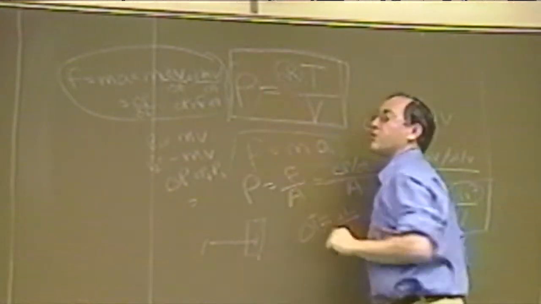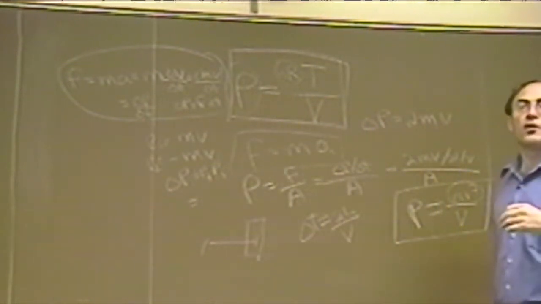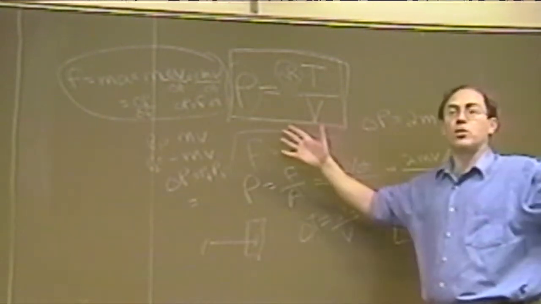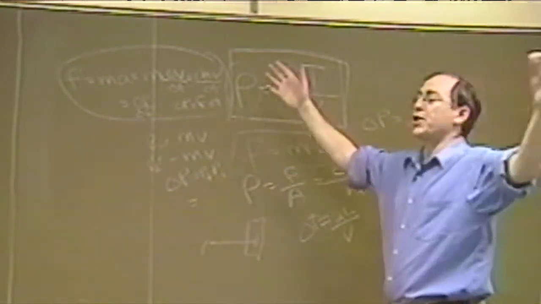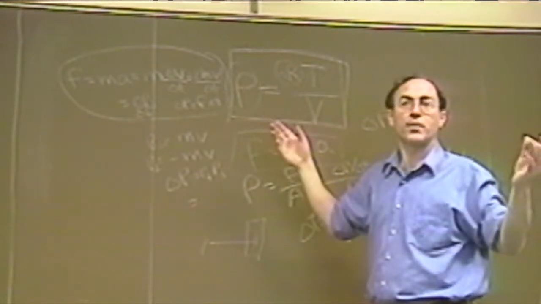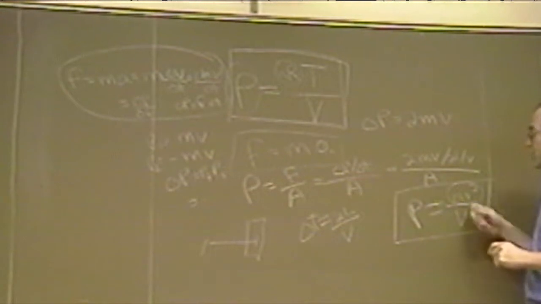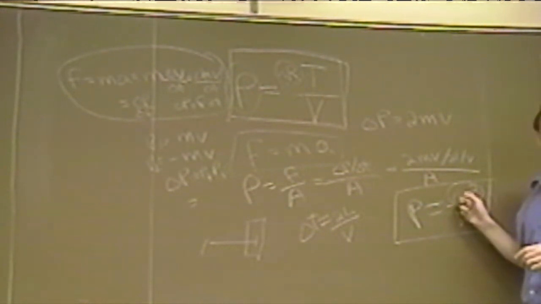This was something that we got before when we thought in terms of quantities that are familiar to us from the macroscopic world, not atoms and molecules, but like pressure and volume and temperature and so on. Now, one thing that we're missing here is, obviously, this is the pressure of what? This is the pressure of the collisions due to one molecule.